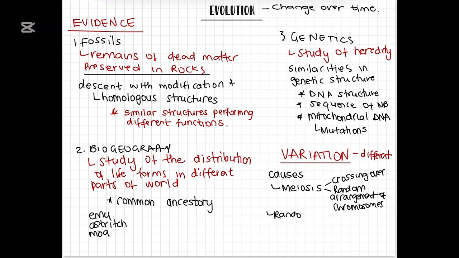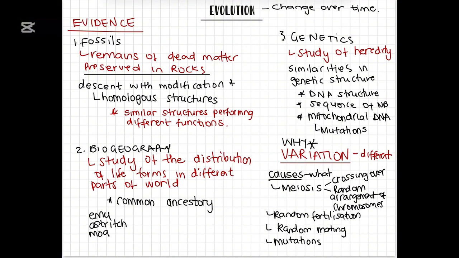We also have random fertilization, so it is not set in stone which sperm cell will fertilize the ovum. We look at random mating. We don't know who your mating partner will be. And lastly, again, mutations. So mutations still contribute to how species are different. So here we look at 4 of what causes variation.